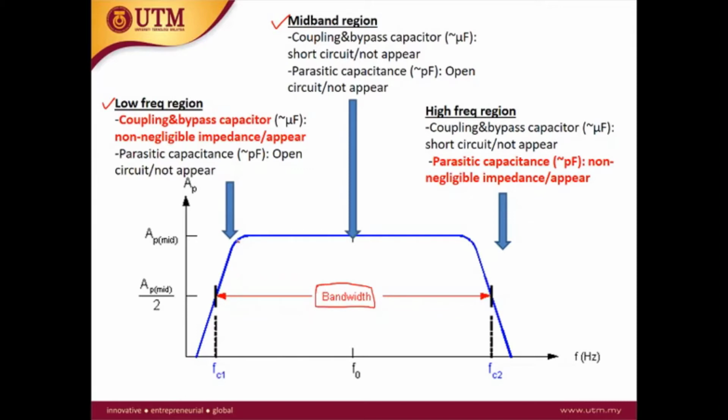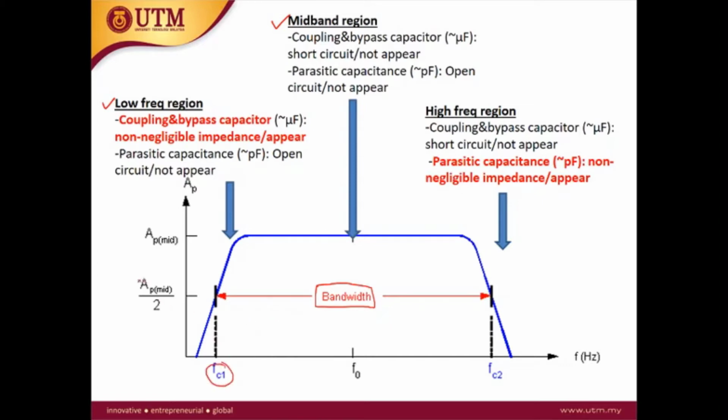As the frequency decreases towards lower frequency, the gain will decrease, and at a certain point the power gain becomes half of the mid gain. This is the point we take as the cutoff frequency. So this is your cutoff frequency.